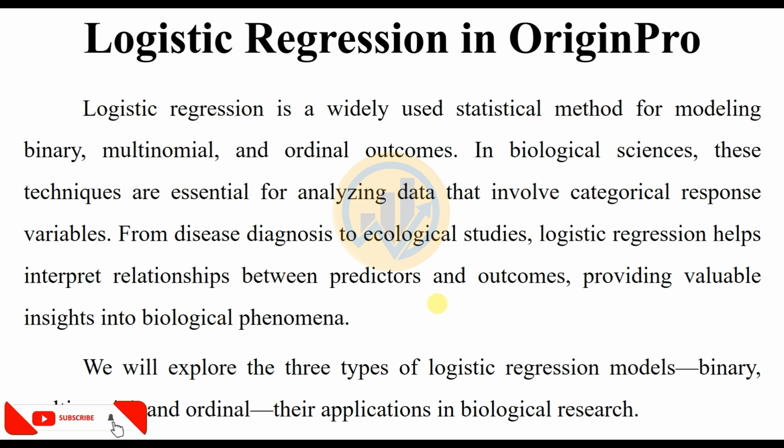So what is logistic regression? Logistic regression is a widely used statistical method for modeling binary, multinomial and ordinal outcomes. In biological science, these techniques are essential for analyzing data that involve categorical response variables.